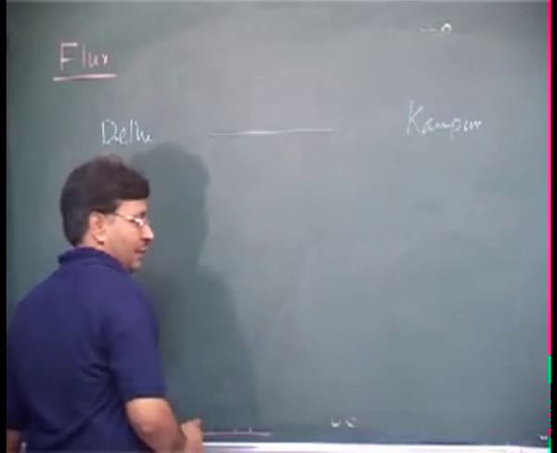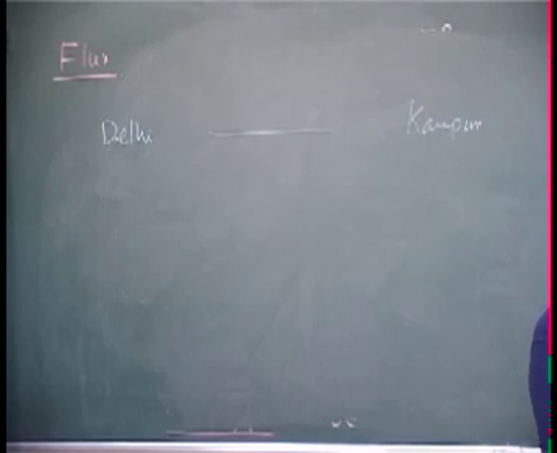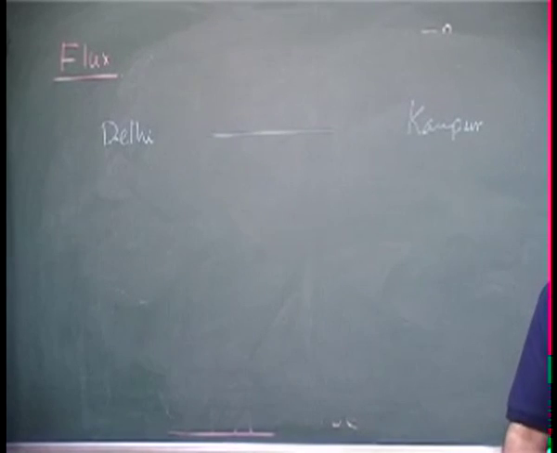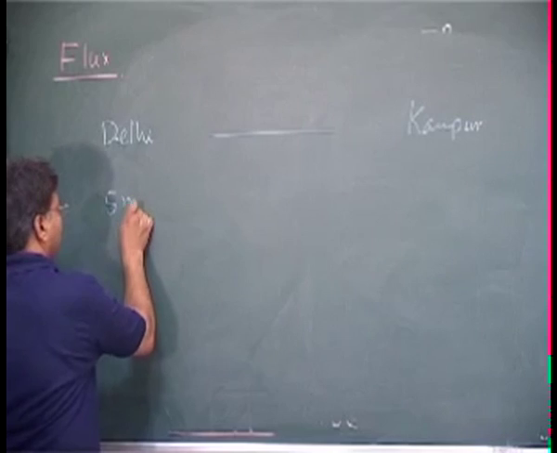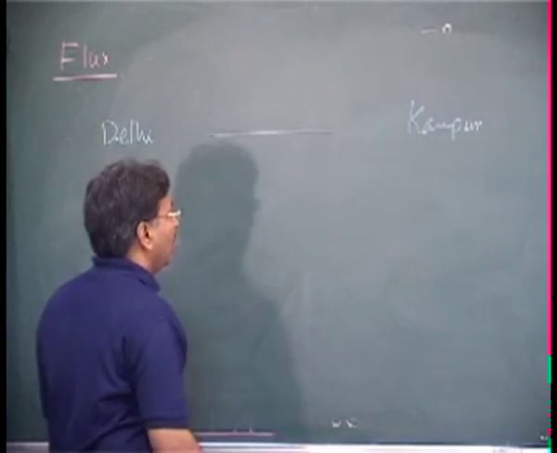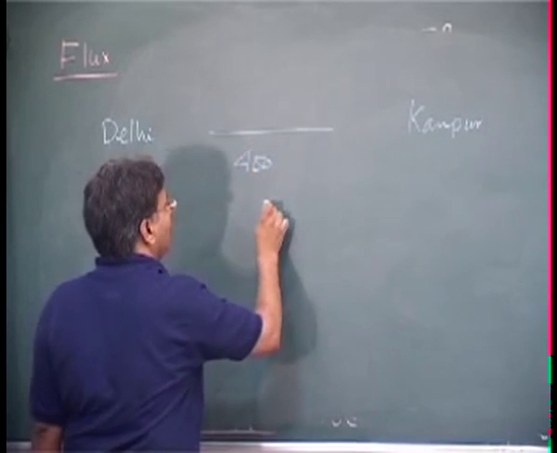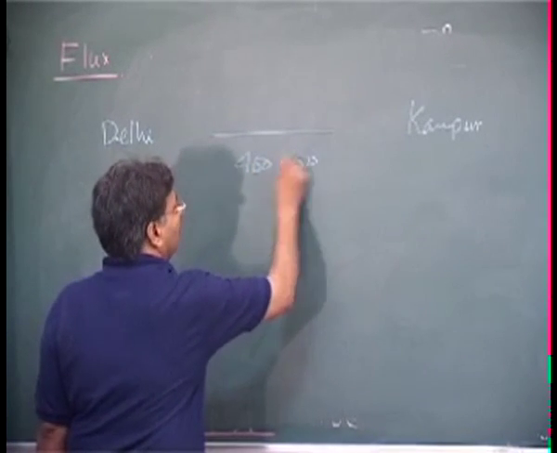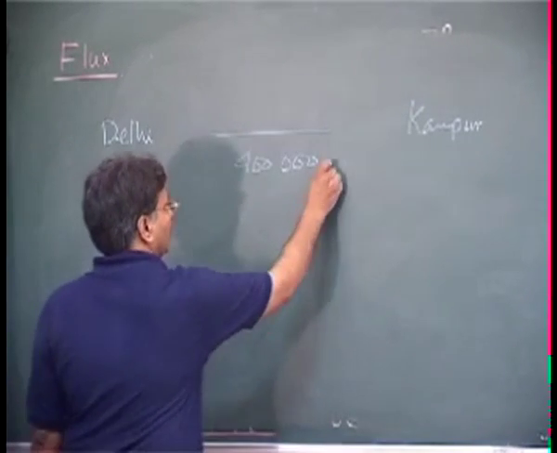The wind speed I took as 5 meters per second, and suppose this wind speed is maintained, and the distance I took as 400 kilometers, or 400,000 meters.